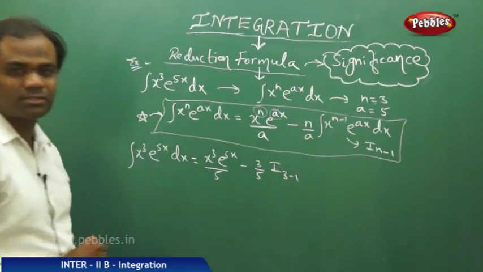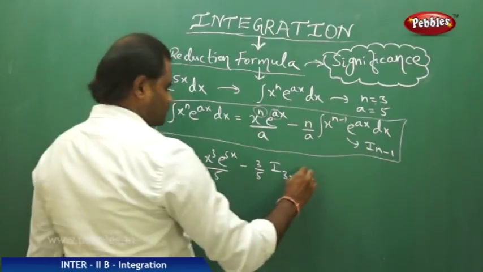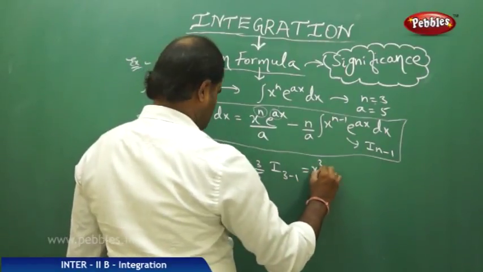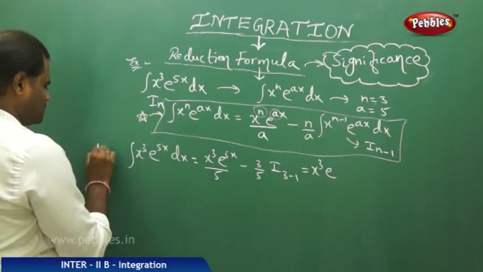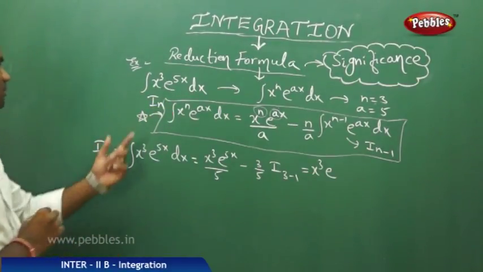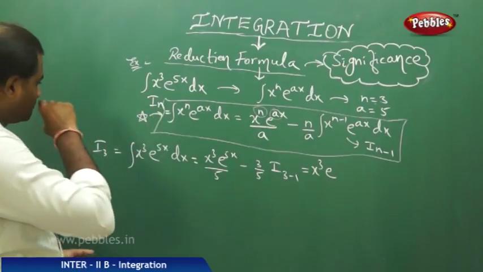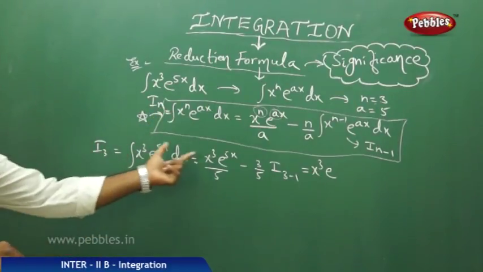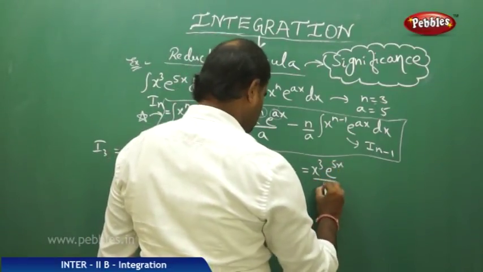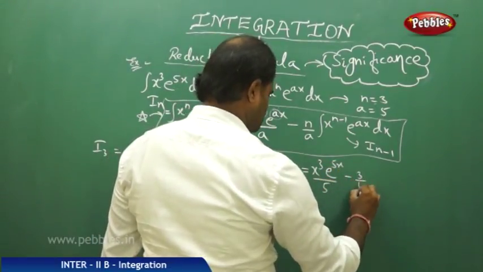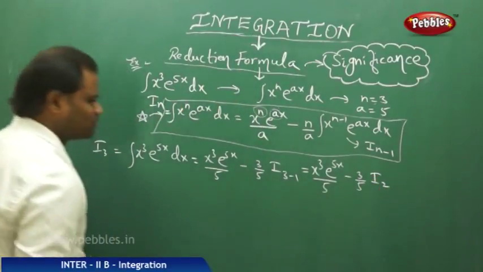N minus 1, which is I2. This is In, therefore my I3 is equal to this, because the formula of In with n equal to 3 implies I3 is this times x cubed e power 5x of I2.